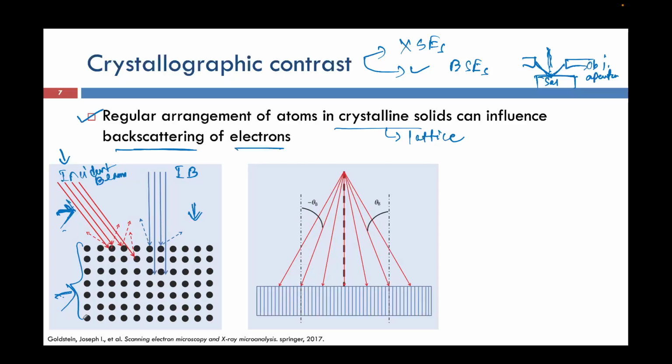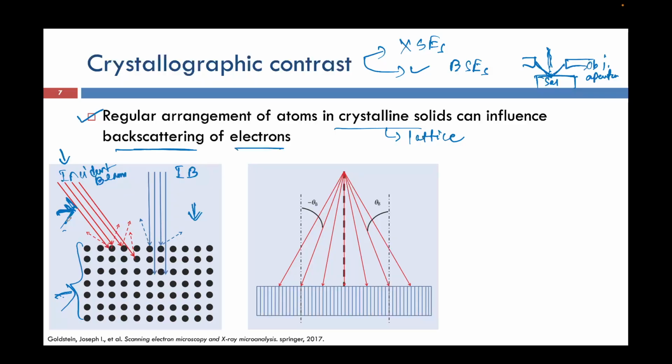If you are taking a plane, then you can talk in terms of atomic packing density, or if you are talking in terms of a direction, then you can say linear packing density. So this red beam will experience more electrons in its path, and since it does, it will start scattering immediately.